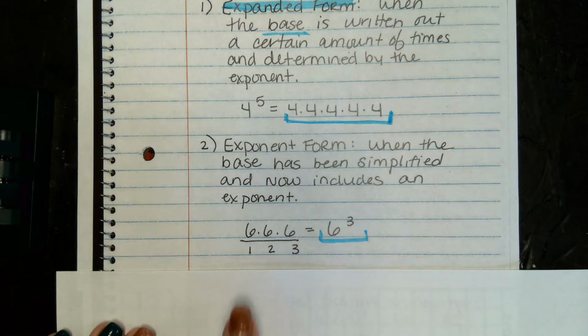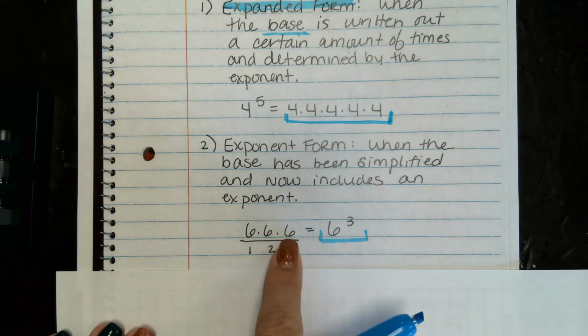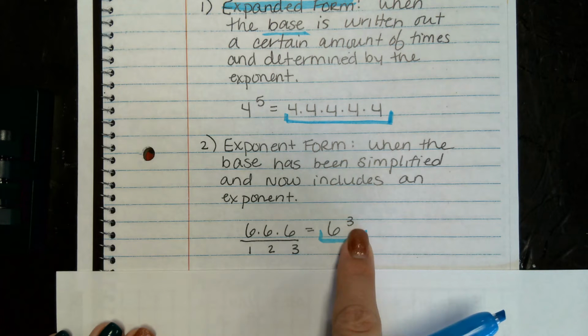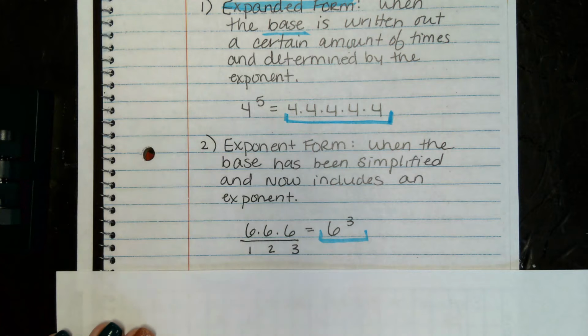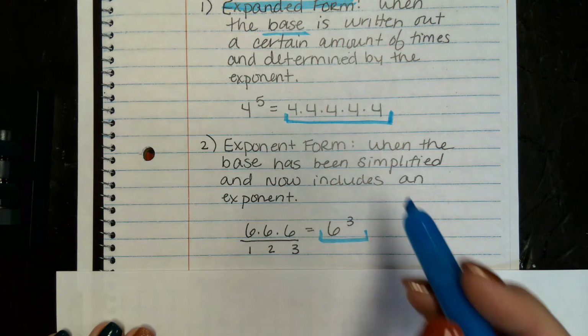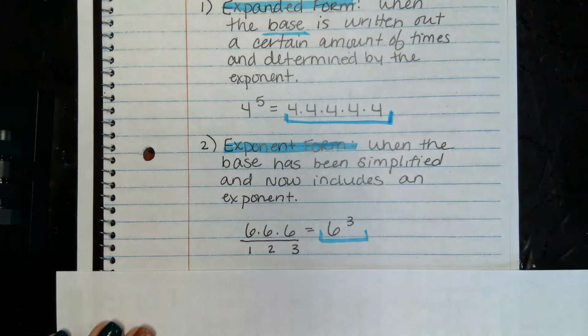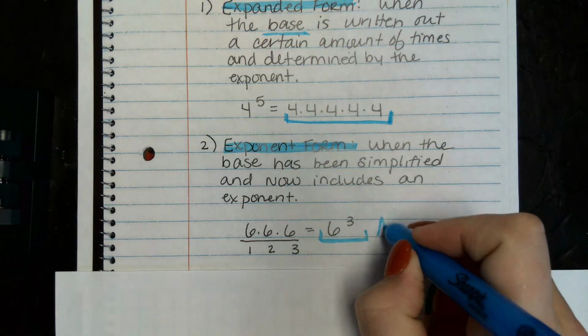I have three 6s here, so I'm going to have 6 as my base because it's the repeating number, and I'm going to put a 3 up top because I have 3 of them. This is the form we want to see.